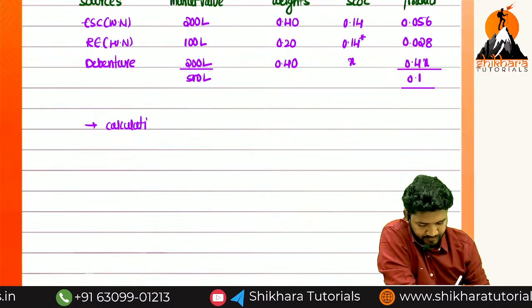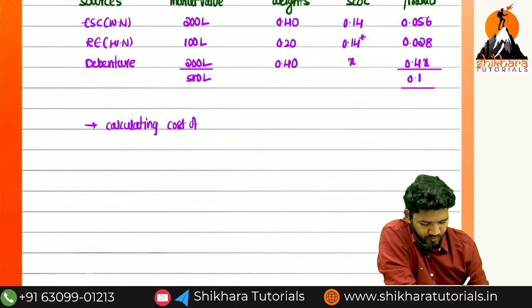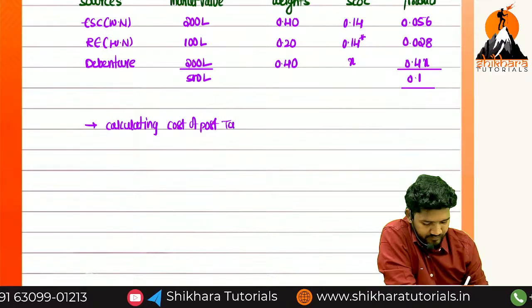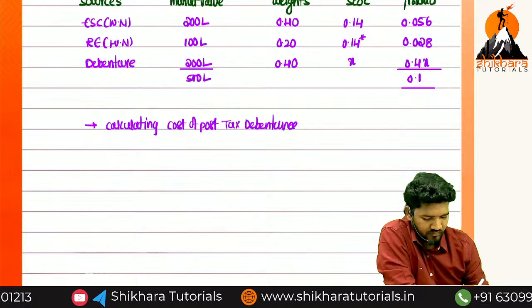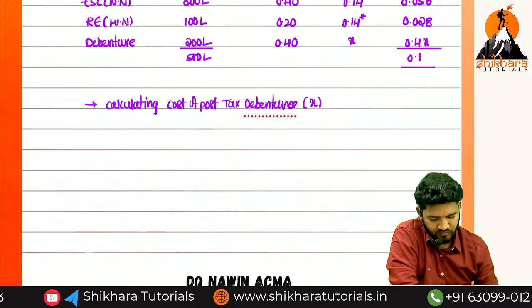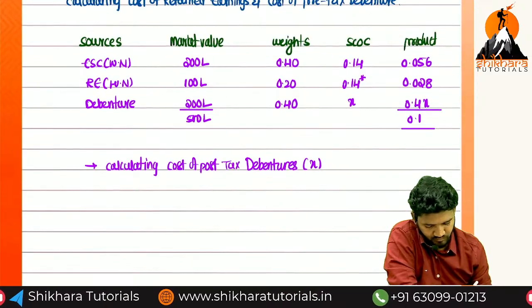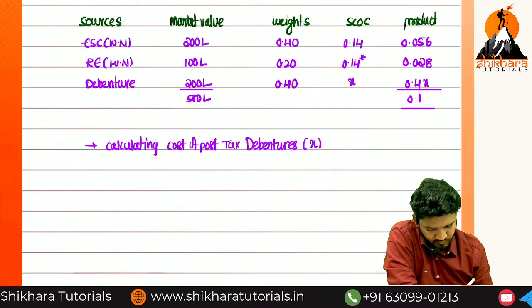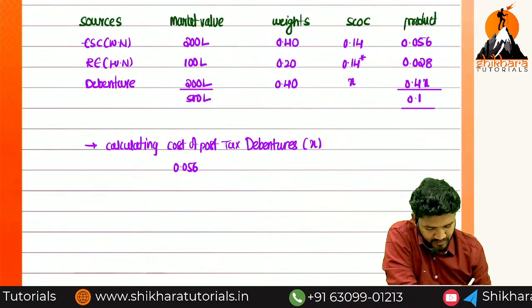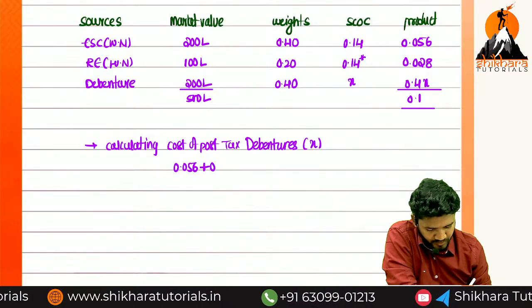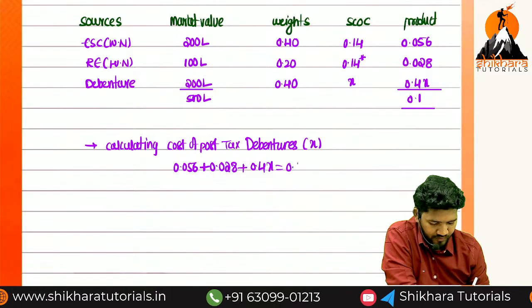Calculating X, calculating cost of post-tax debt, debenture X. So 0.056 plus, not into, plus 0.028 plus 0.4x equals 0.1.